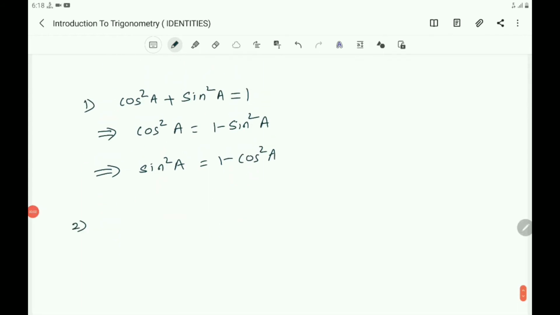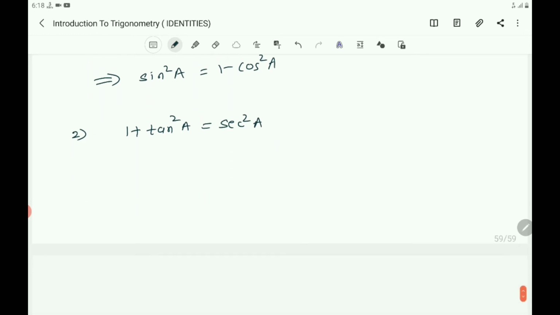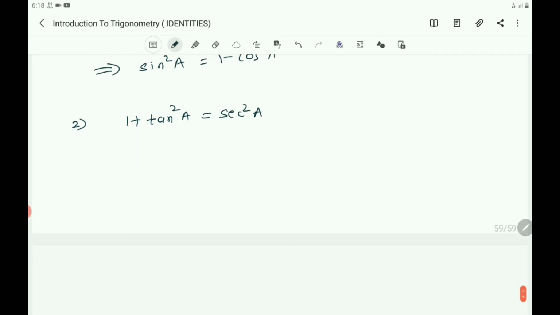Then the second identity is 1 plus tan square a equals secant square a. This also you can convert according to the situation, that is 1 equals secant square a minus tan square a, that is nothing but secant square a minus tan square a equals 1.